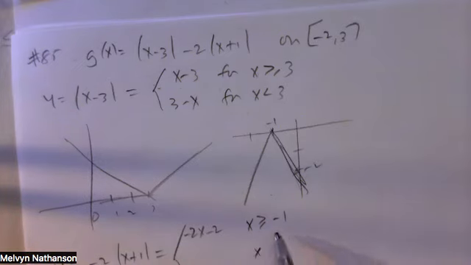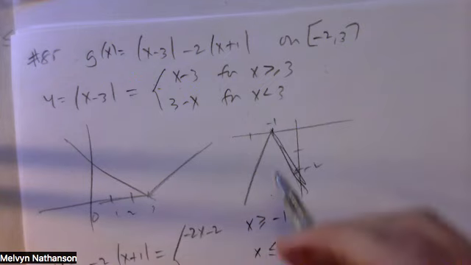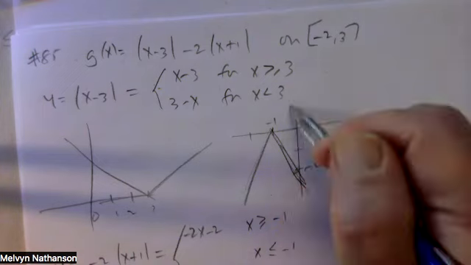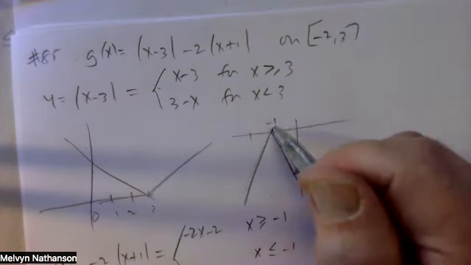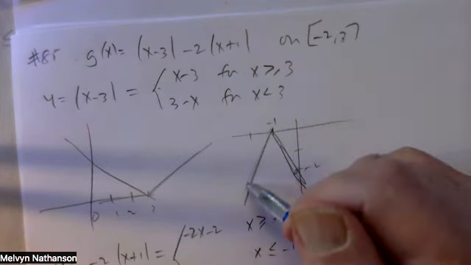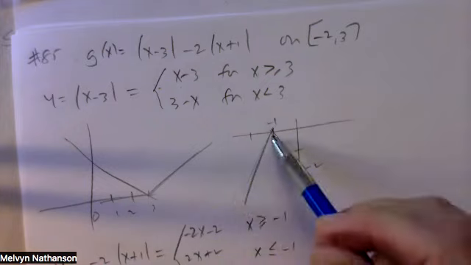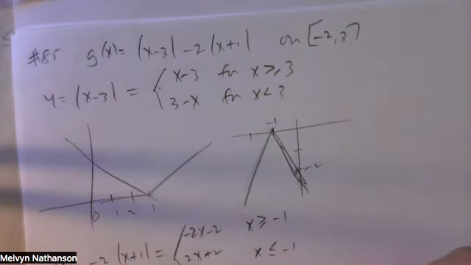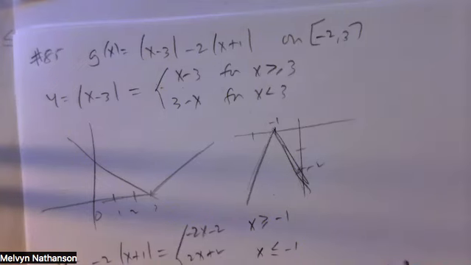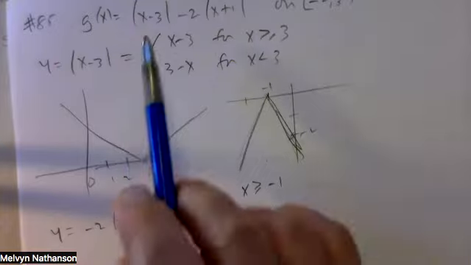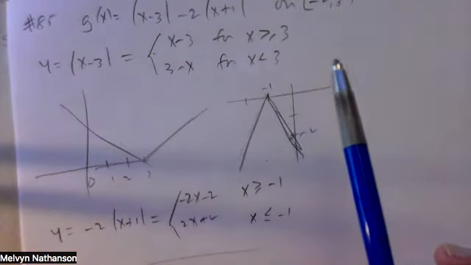And if x is less than or equal to -1, it has slope +2 and would hit the y-axis at +2, so this would be 2x + 2. When x is -1, this is 0. So that's what this function looks like. And we're interested in this minus this.